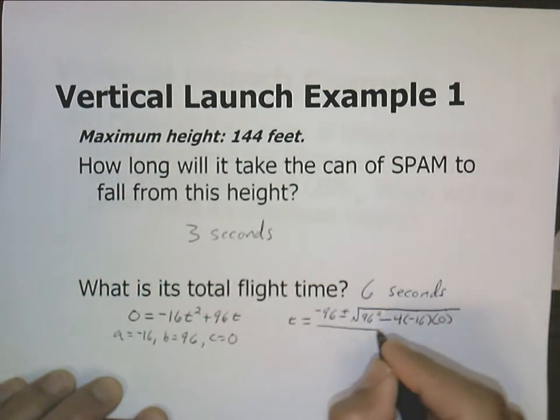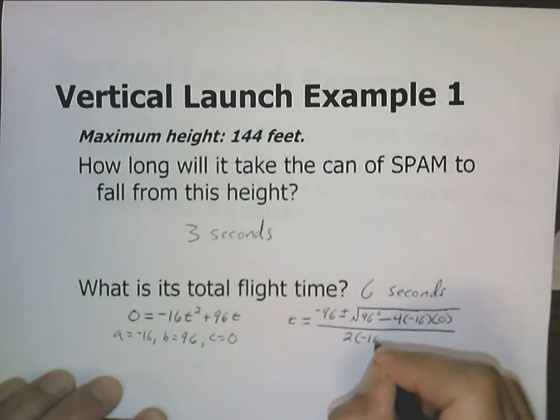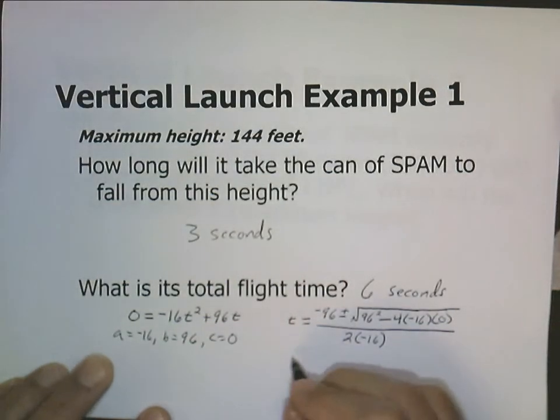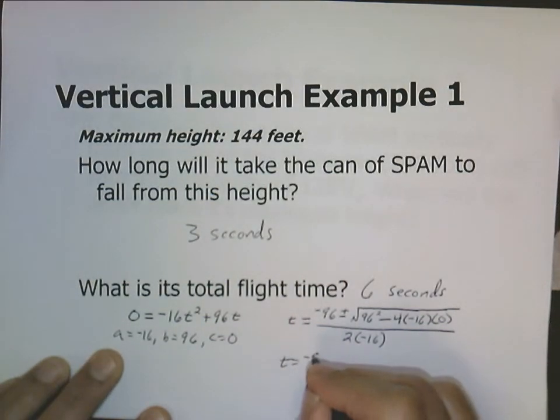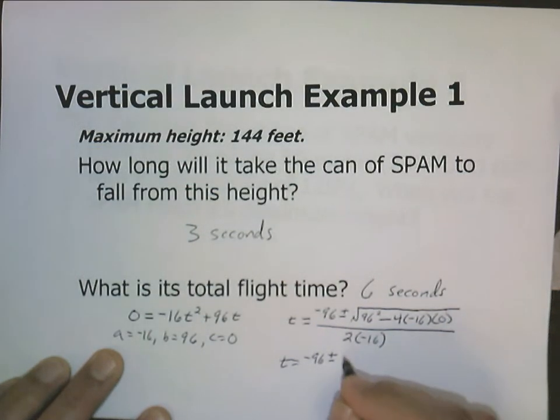All of that divided by 2 times a, which is negative 16. And so here, 4 times negative 16 times 0 is just 0. So really we get t is equal to negative 96 plus or minus the square root of 96 squared, which is of course just 96, all divided by negative 32.